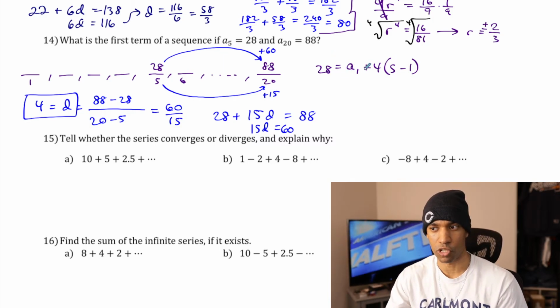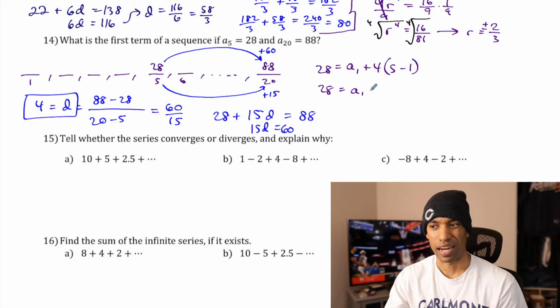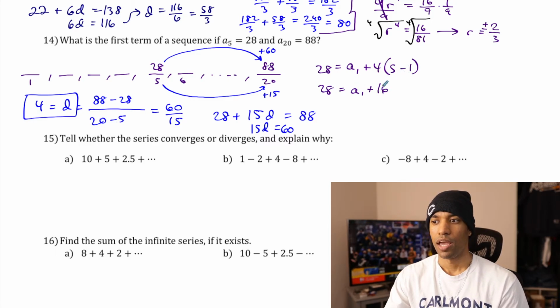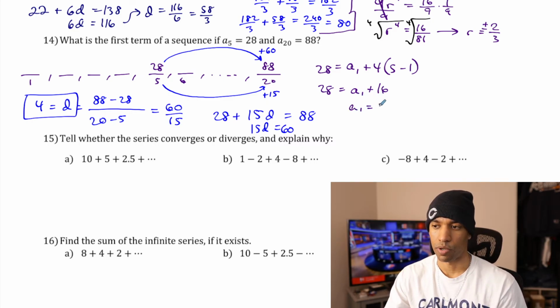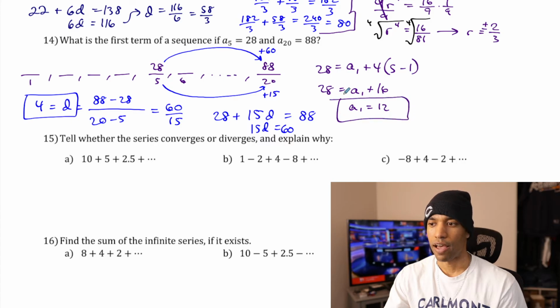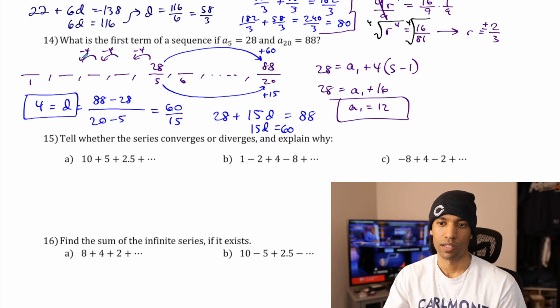It says, starting from my first term, I'm going to add 4 times to get to 28, and we're asking what that's going to be. Again, I'm going the slower path this time. 5 minus 1 is 4, 4 times 4 is 16. a sub 1 plus 16 is 28, subtract, and you get a sub 1 equals 12. So the value of the first term is 12. Now that is subtracting 4 to get 24, 20, 16, and 12.